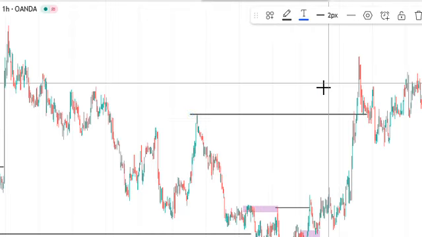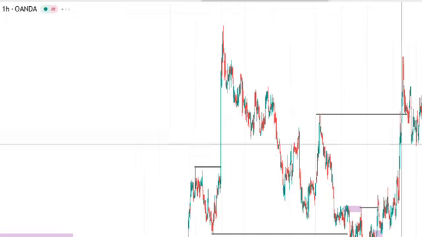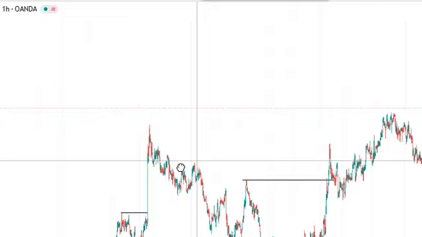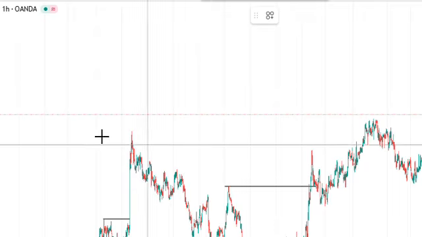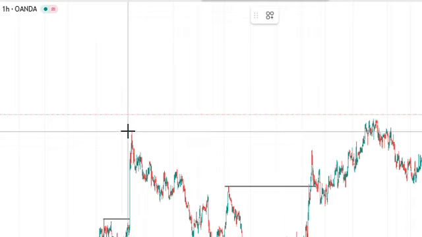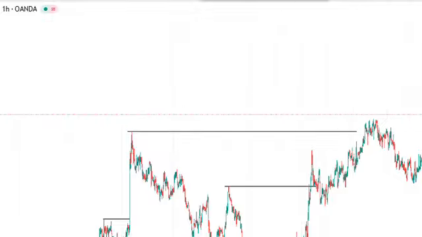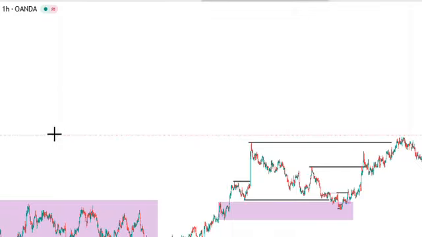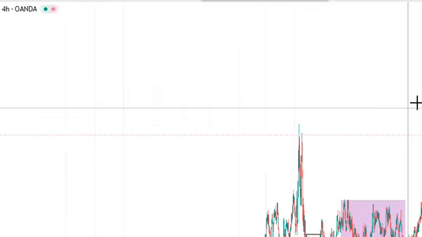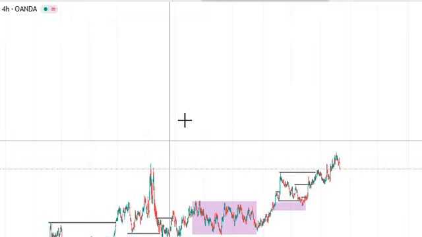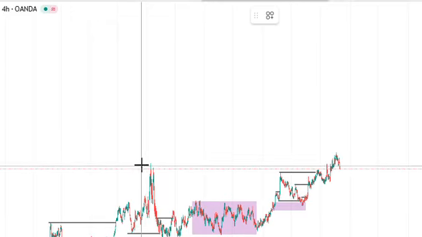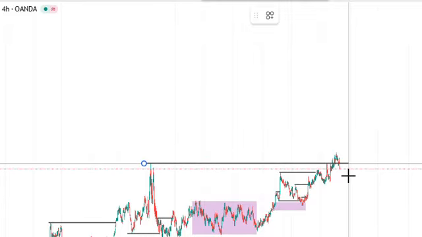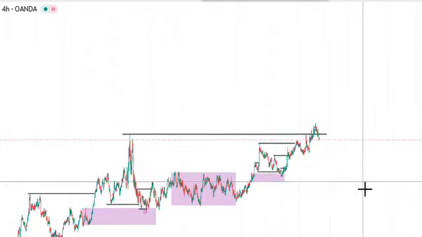This is it. And to this one right here, this is where I target next. And before this one, before the last one, before this one, because this is the run on liquidity.